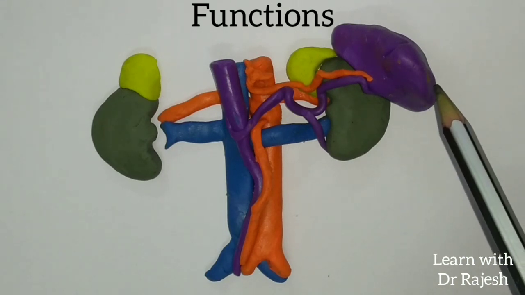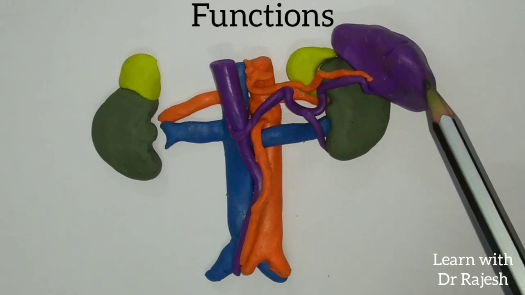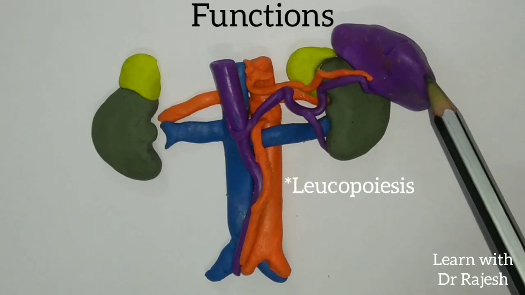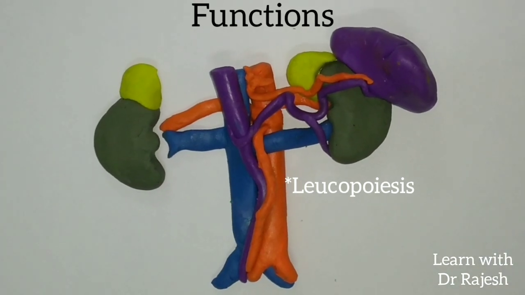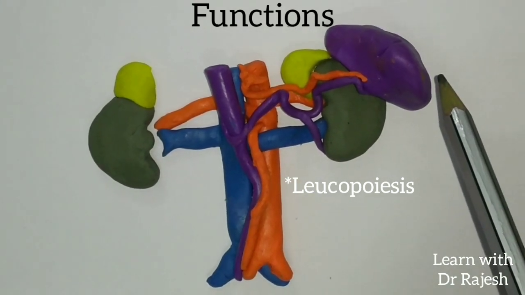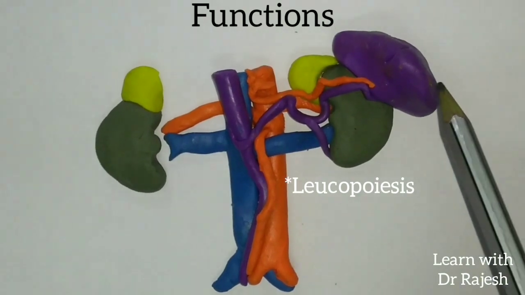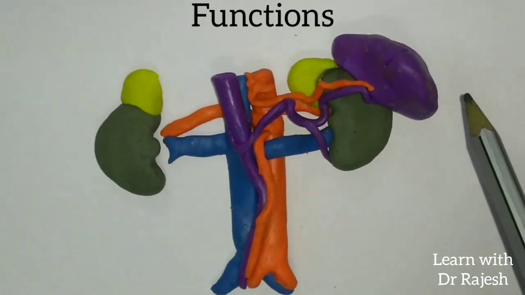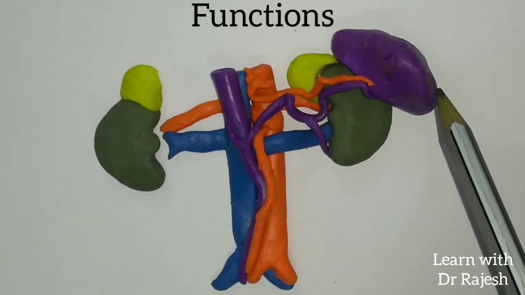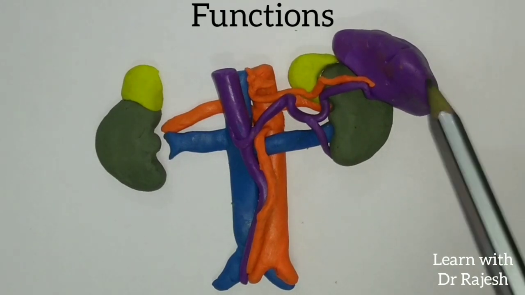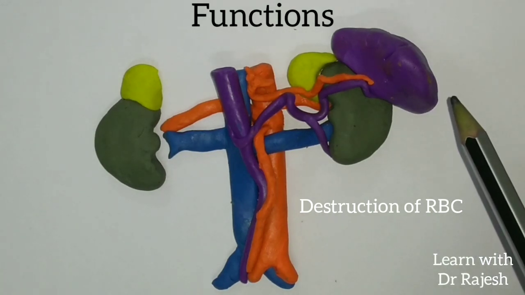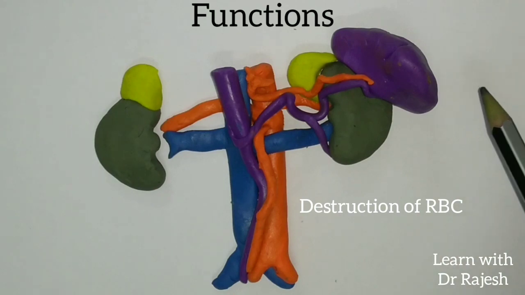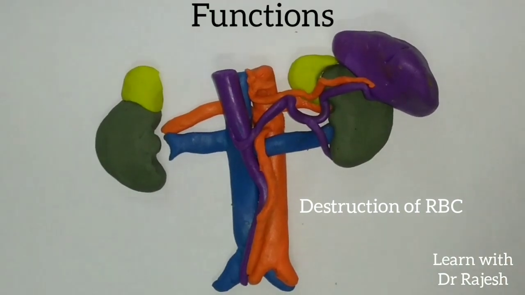But even in adults, leukopoiesis, that is the production of WBCs, still continues throughout adult life. Next, the important function of the spleen is destruction of RBCs. The old RBCs will not be very flexible.